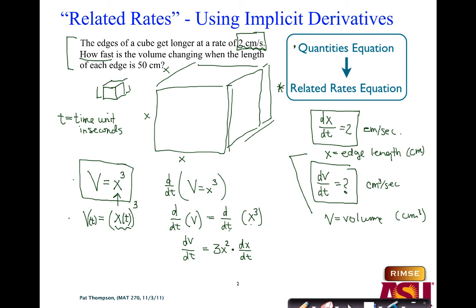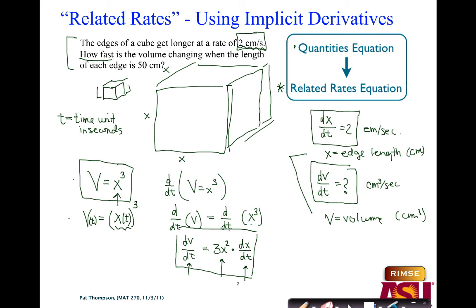If I give you any side length, you can give me the volume. Or if I give you the volume, you can give me the side length. What we have now is a new relationship that involves 3 things: how fast the volume's changing, how fast the side length is changing, and the actual current length of the side edge.